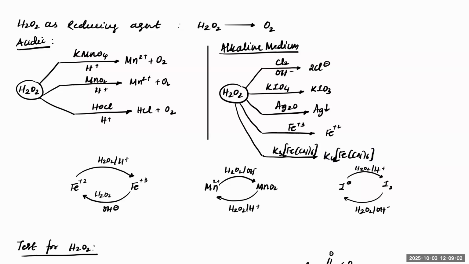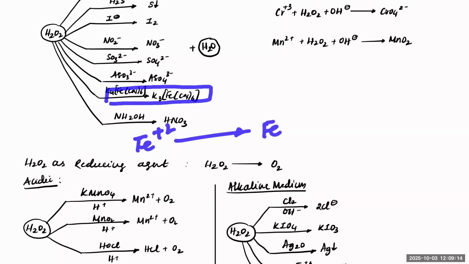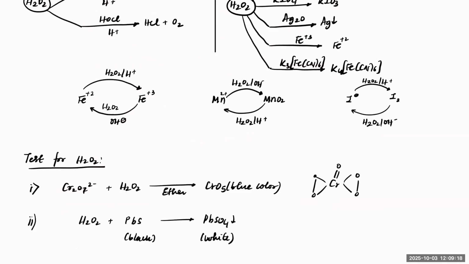Now, you have noticed there are three reactions which are happening slightly differently. Check it out. Here Fe plus 2 is converting into Fe plus 3 in acidic medium, correct? But if I put that in basic medium, the opposite happens: Fe plus 3 will get converted into Fe plus 2. So remember the difference in the medium.